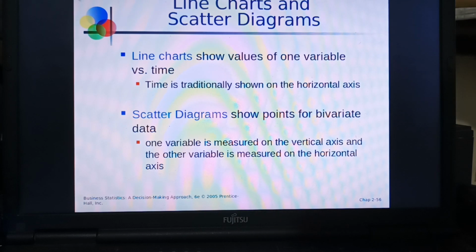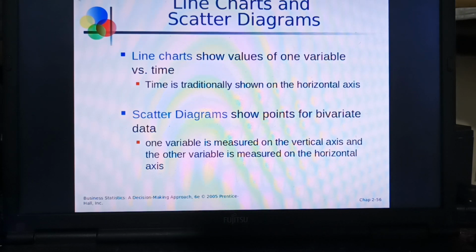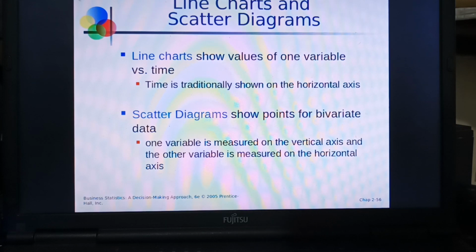Whereas scatter diagrams show points for bivariate data, where one variable is measured on the vertical axis and the other variable is measured on the horizontal axis.